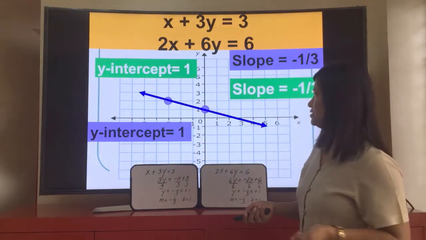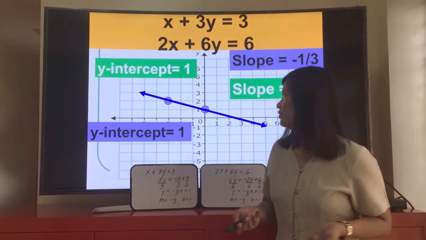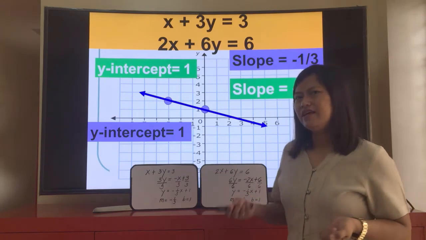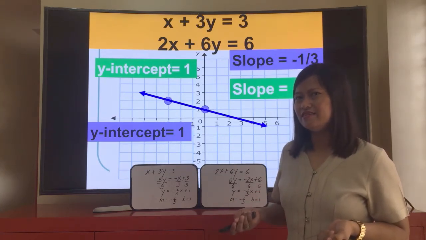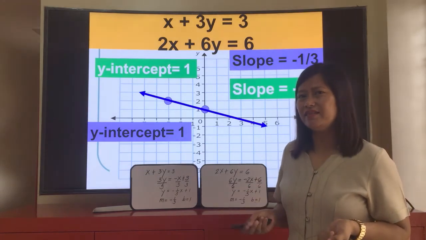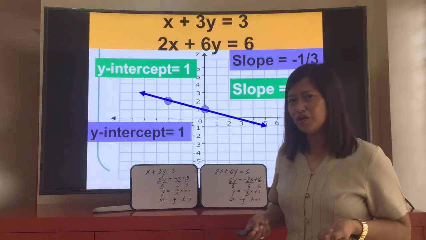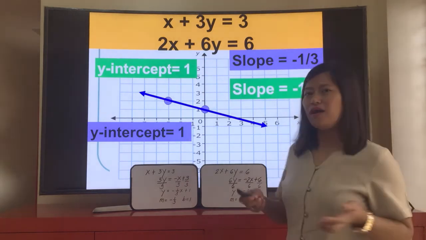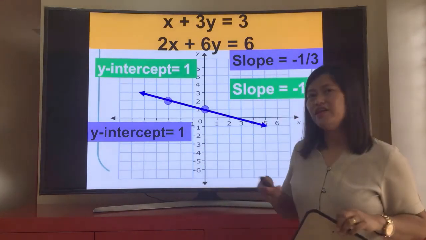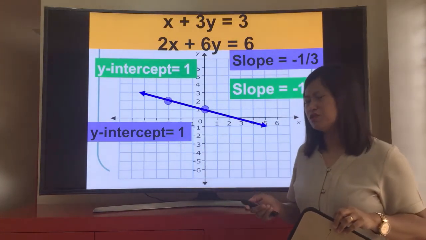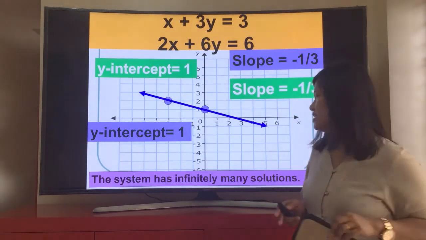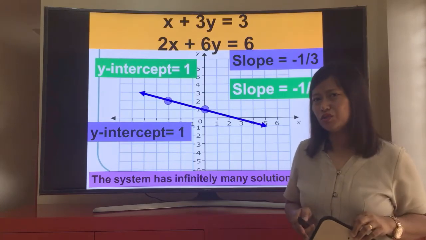Connect the 2 points. So what kind of graph do we have in this system? Yes, they are coinciding. The kind of system that we have here is consistent dependent. So the number of solutions is what? It is infinitely many solutions. So we now write: the system has infinitely many solutions.